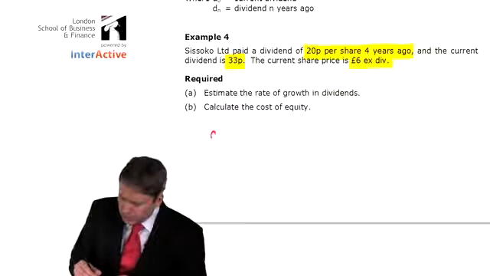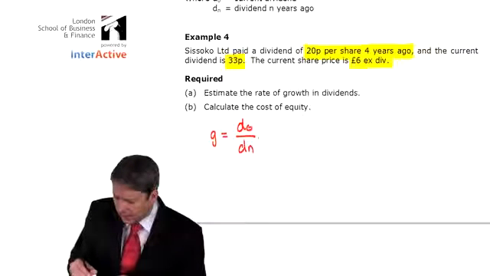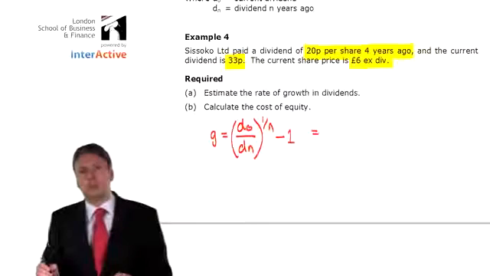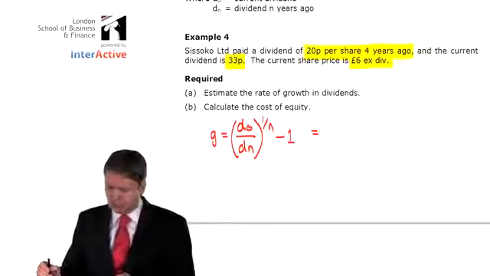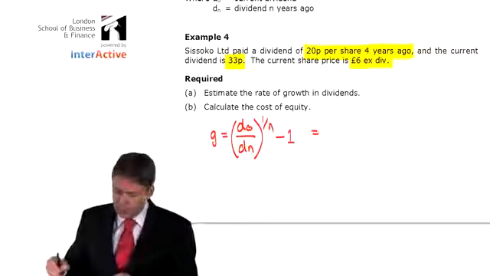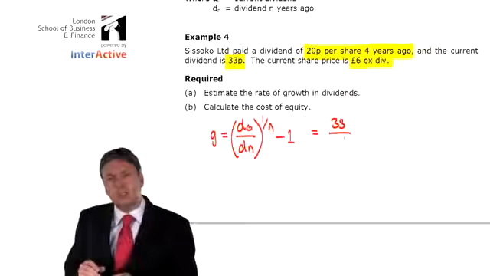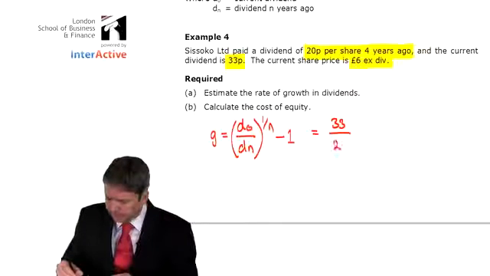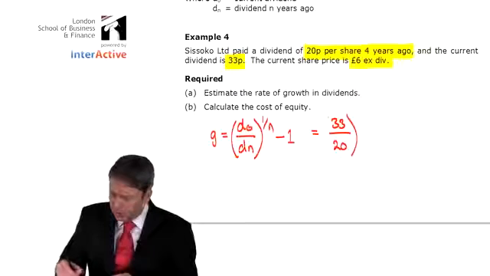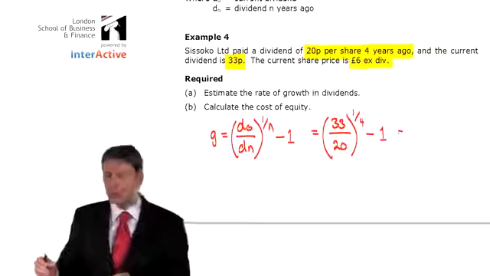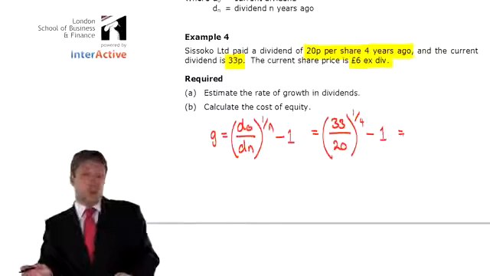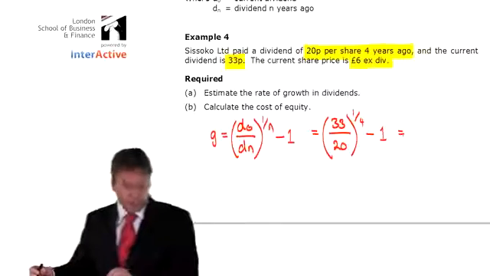What do we say? We said that g equals d0 over dn to the power 1 over n minus 1. Do we have d0? Most definitely yes. The current dividend is 33. dn is 20. To the power 1 over n, 1 over 4, minus 1. So all we have to do is put the numbers into our formula.